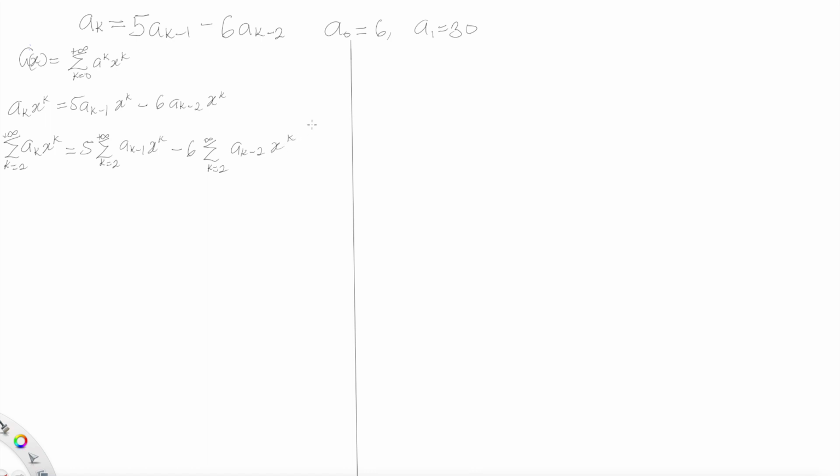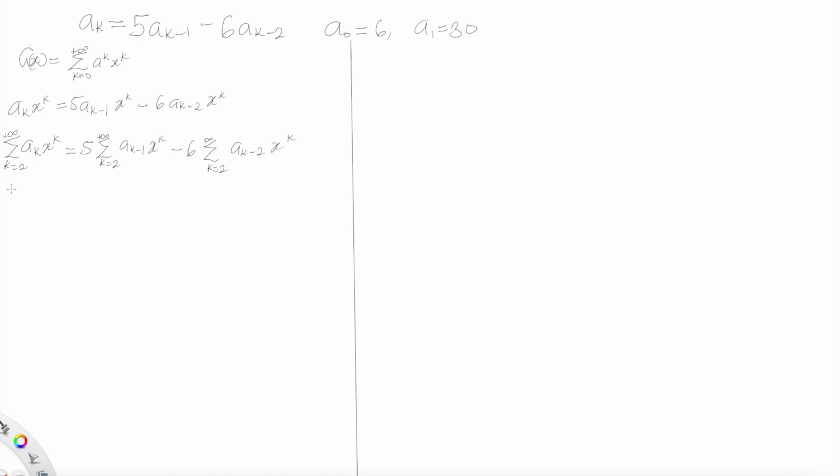x exponent k. And then there is a neat trick you could do at this point. You find the difference between the starting point of k and the subscript of a, and in this case it's 2. So you need to subtract 2 terms from your generating function g of x.